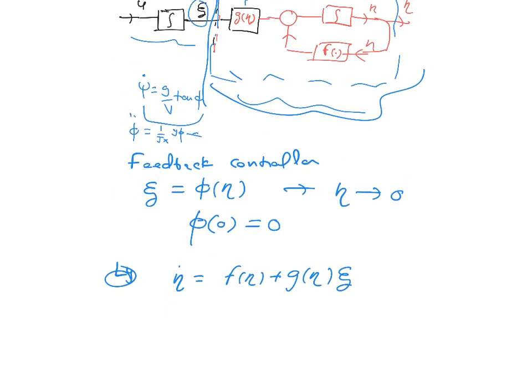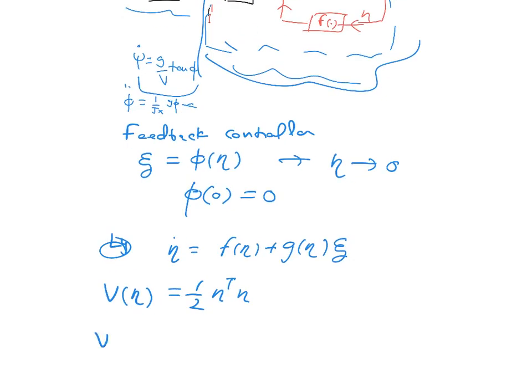So let's choose some candidate function which is V of eta. It can be something like half eta transpose eta, a standard Lyapunov candidate function. But for now we are just taking a general V of eta, right? So what is V dot then?